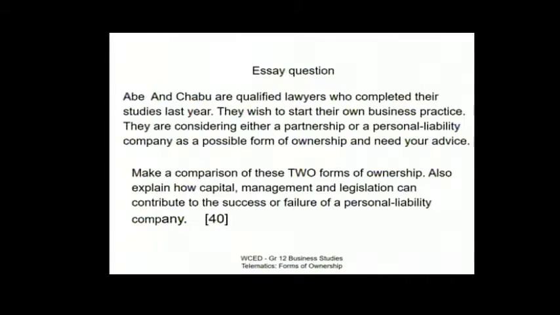Once you've read the scenario or case study, you go to the part of the question where they require you to respond to it. The very first thing you must do is underline the action verbs. What do they require you to do? Because that constitutes the body of your essay.